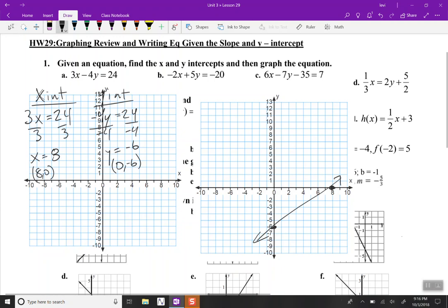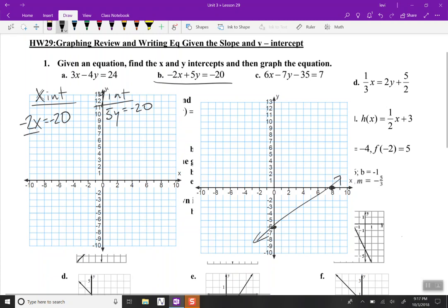B, our x-intercept for B here is going to be negative 2x equals negative 20, and our y-intercept should be 5y equals negative 20.